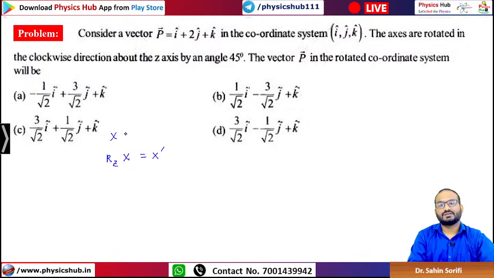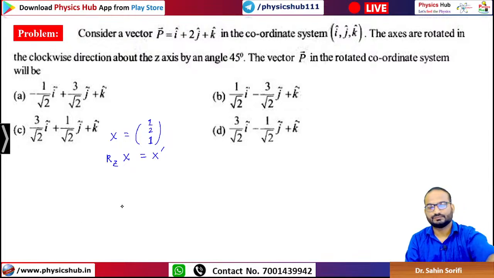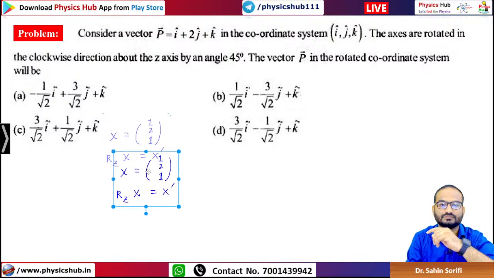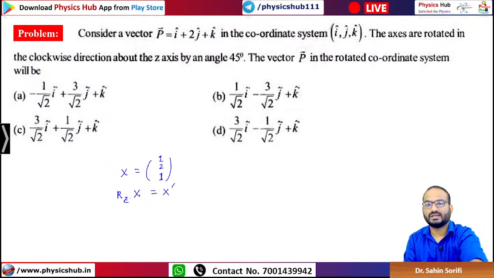So x is given to you 1 2 1. So you can take it in this way, 1 2 1, right? So do this. Tell me the answer quickly.